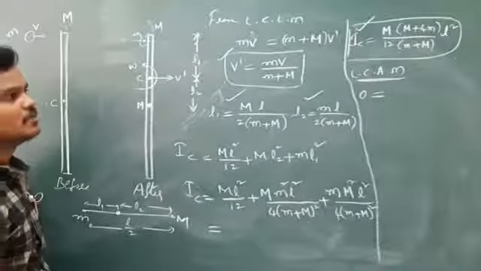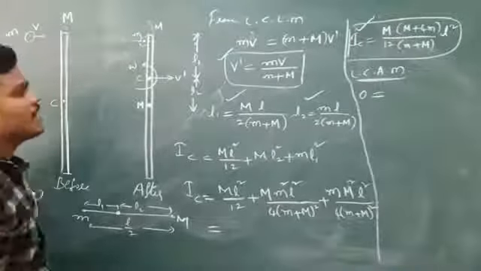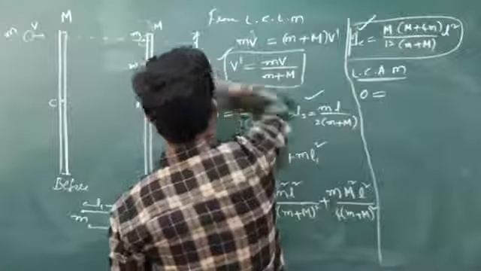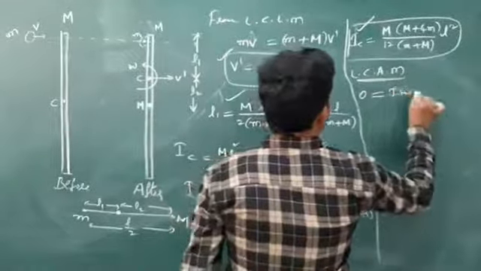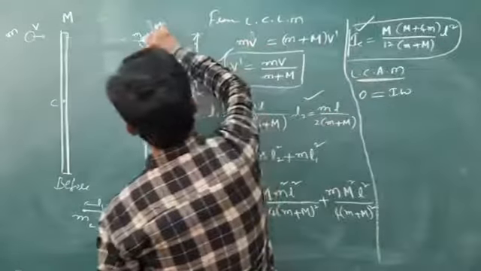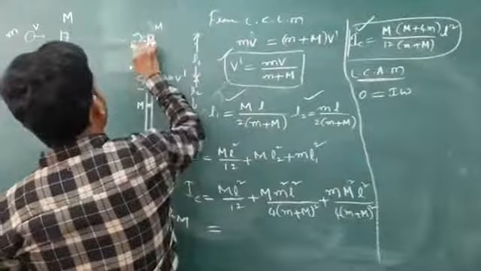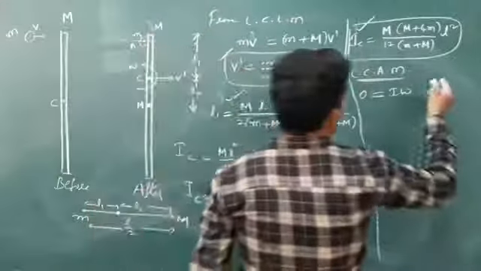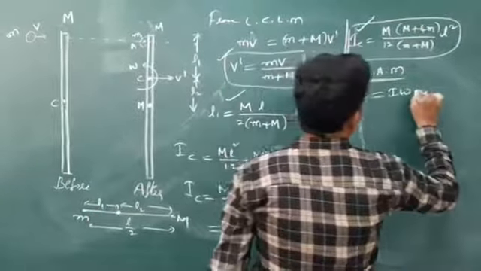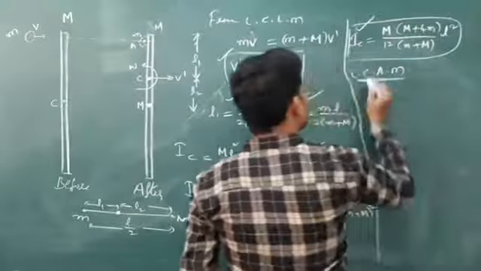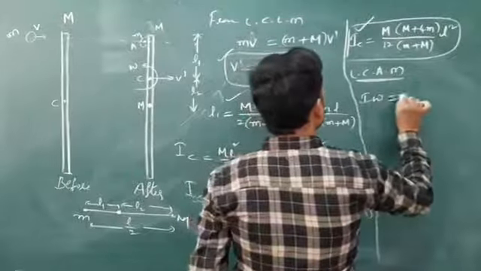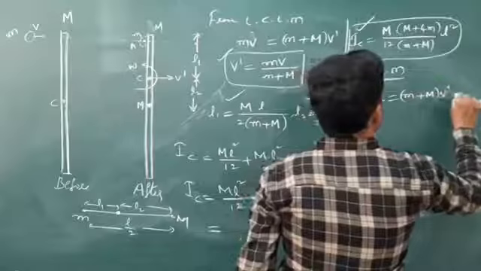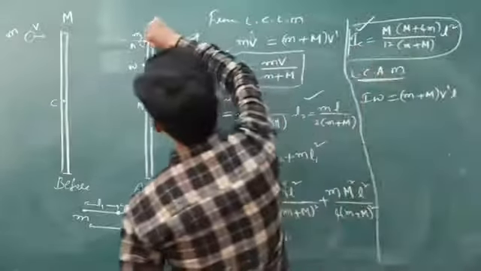And after the collision, the angular momentum about this center is I omega, and about this point, about A, this is anti-clockwise. So we can equate like this: I omega is equivalent to (m plus M) v dash from about this A.